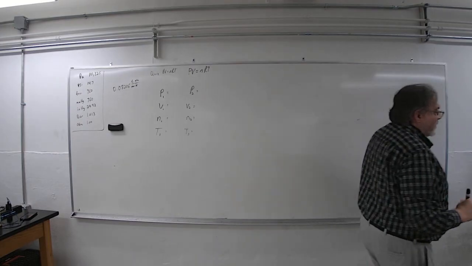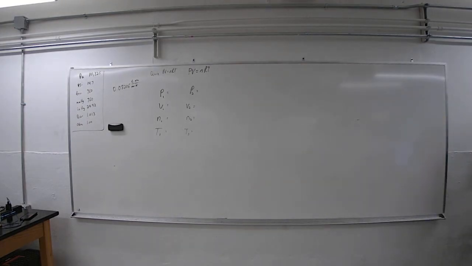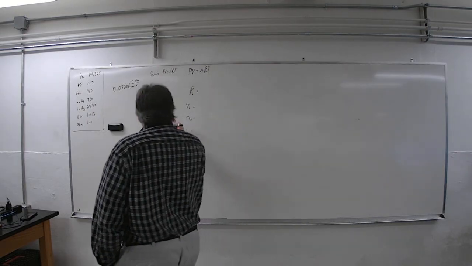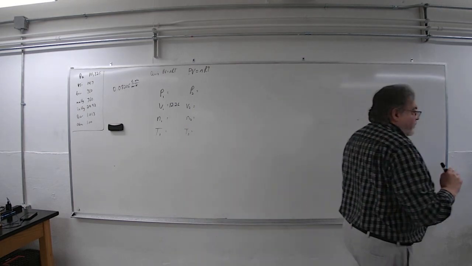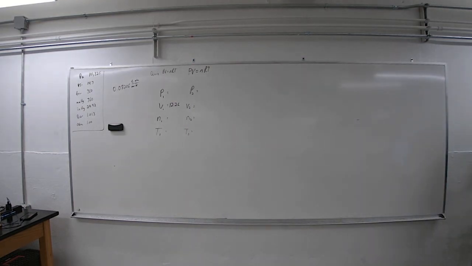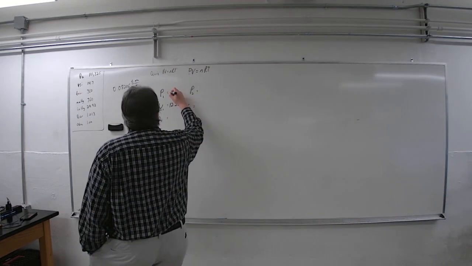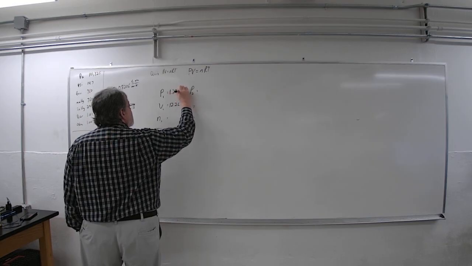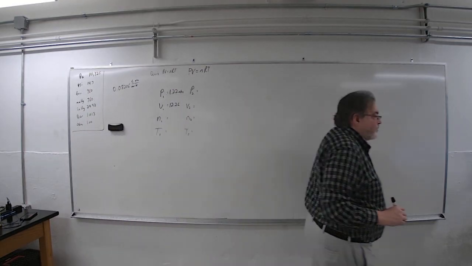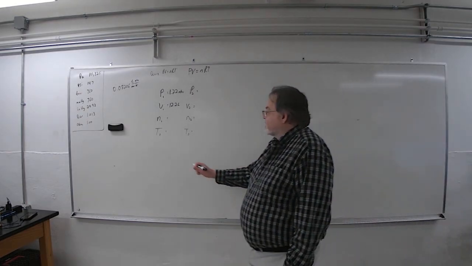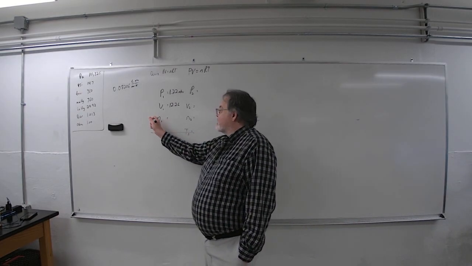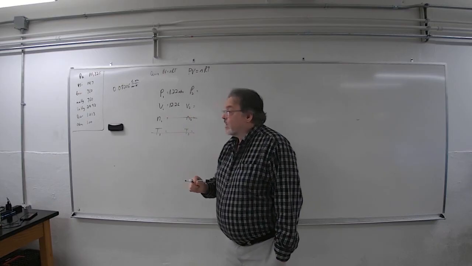If we read this problem, initial volume of 12.2 liters, initial pressure 1.22 atmosphere. It says constant temperature. So this is constant. It doesn't even mention moles, so consider those constant.